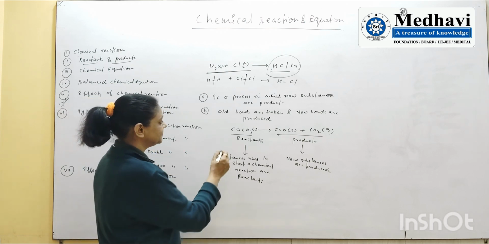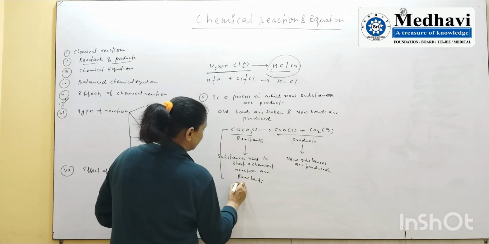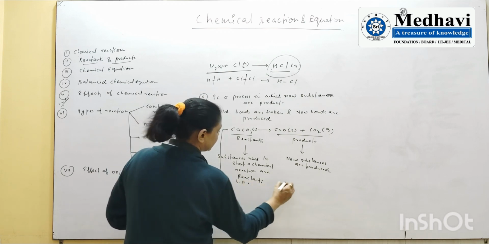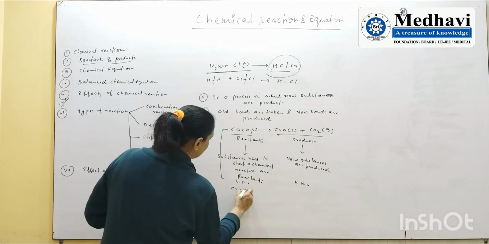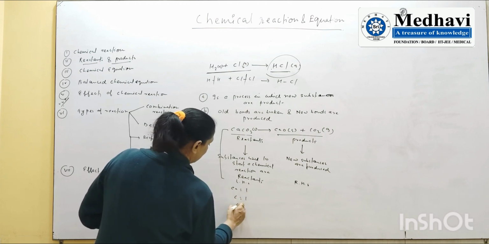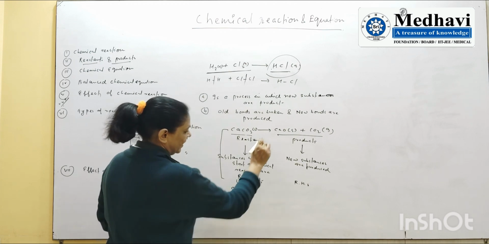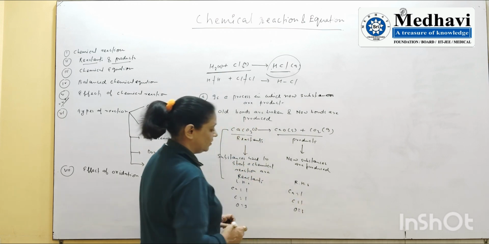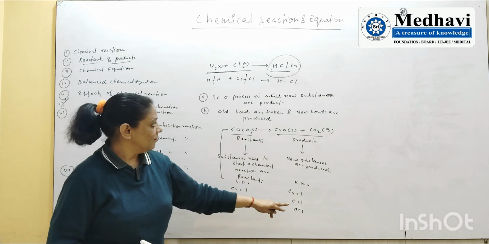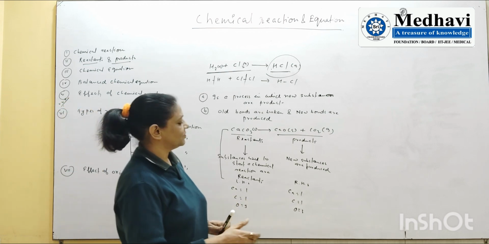For example, here if you see left hand side and right hand side, calcium is 1, carbon is 1, oxygen is 3. On the right hand side, calcium is 1, carbon is 1, oxygen is 3. So here you can say this is a balanced chemical equation.